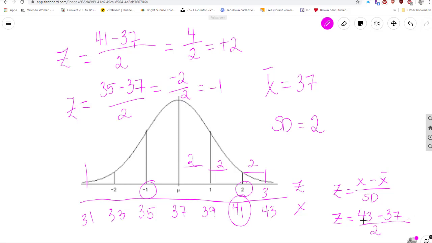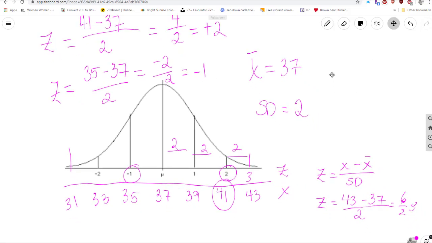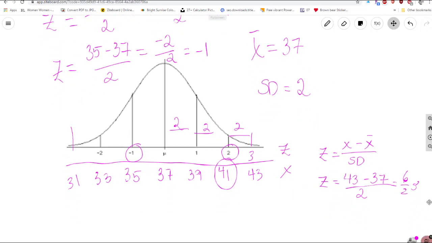So I have 43 minus 37, that's 6, divided by 2 is 3. Can you see that all the way over there? Let's see if I can move this over a little bit. Right over here. So it worked out. It was 3. I'll write that a little bit better. Okay, which is 3.